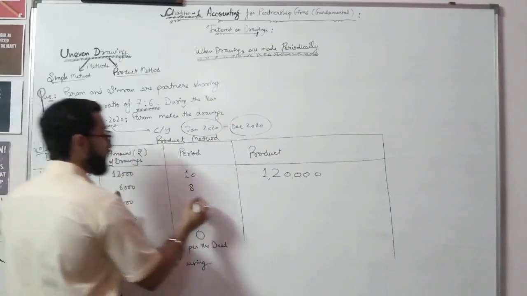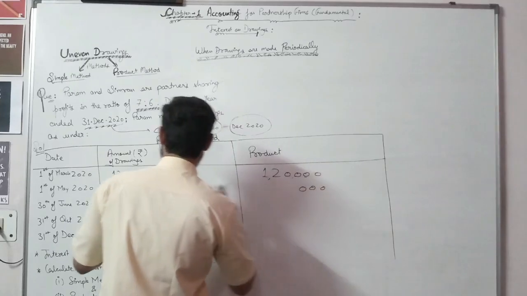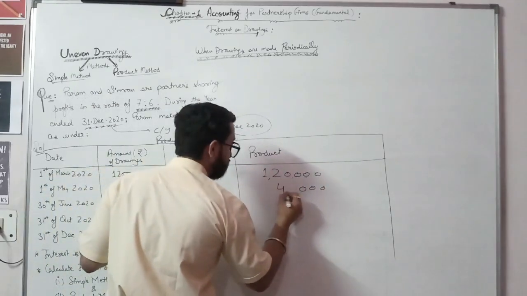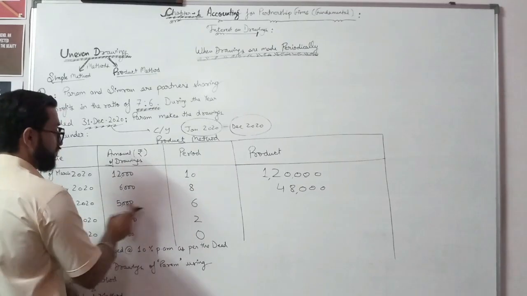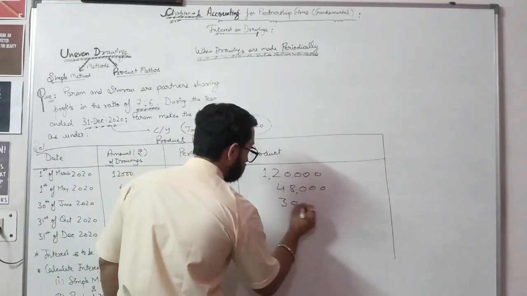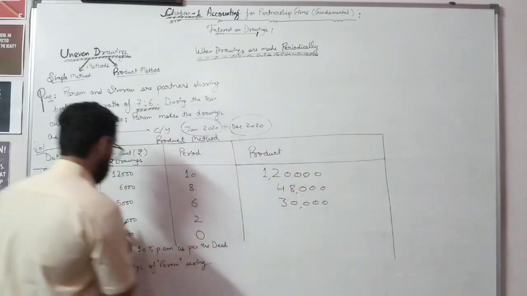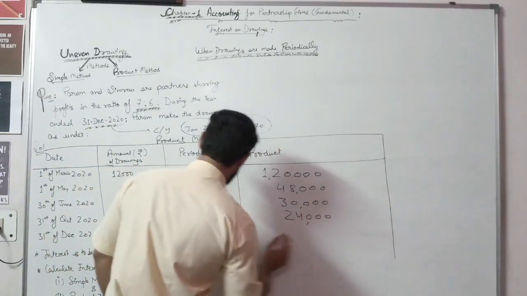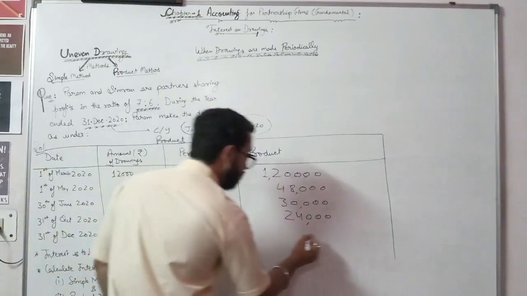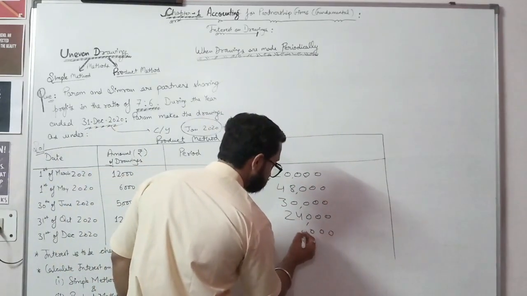6,000 into 8. 8 6s are 48. 5,000 into 6. 12,000 into 2. And 14,000 into 0 comes 0.